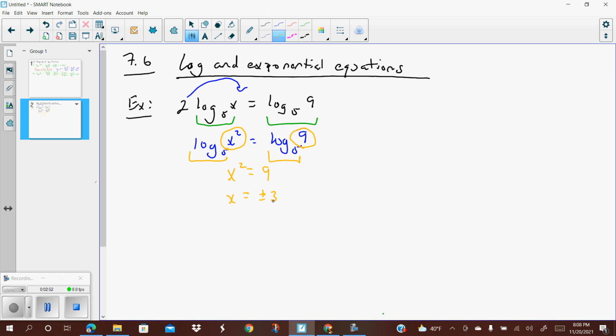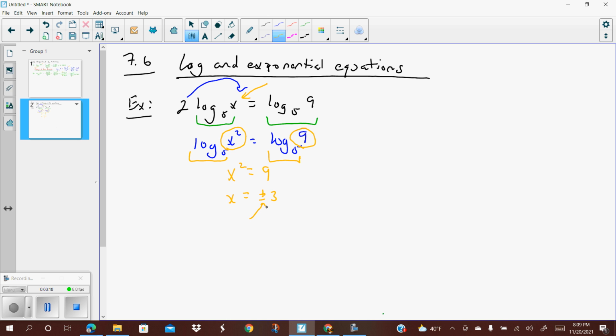If I were to plug positive 3 back in for x, no problem. The domain of logs is that you can take the log of any positive number. You cannot take the log of 0. You cannot take the log of a negative number, which means that the negative here is extraneous. Because if I plug negative 3 back in for x, I'm now trying to take the log of negative 3.